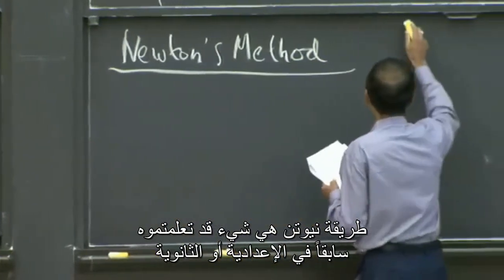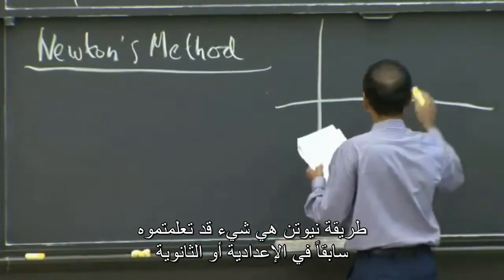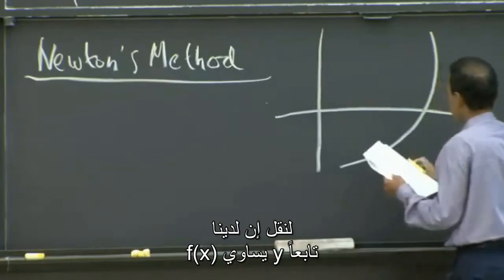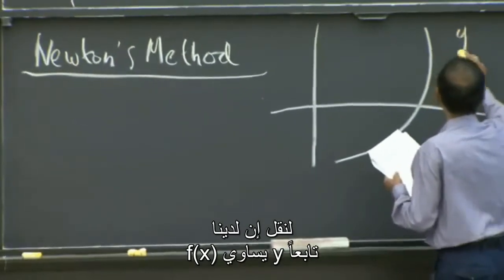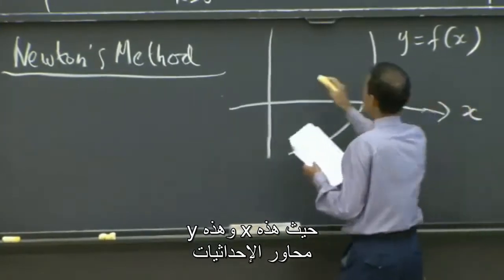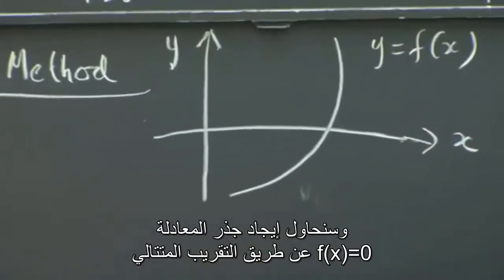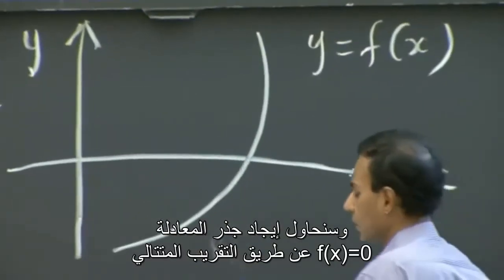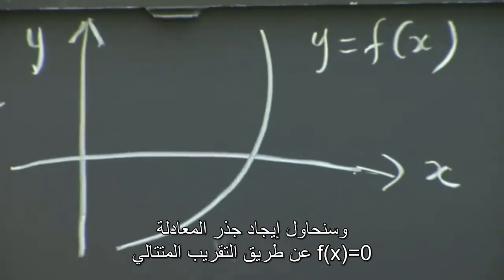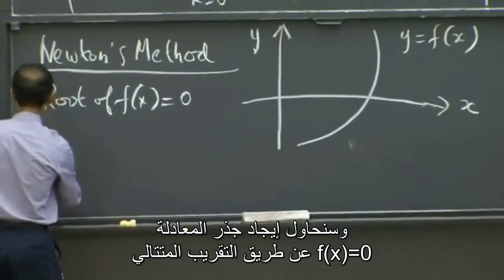And Newton's method is something you probably learned about in middle school, high school. And let's say you have a function y equals f of x, where this is x and that's y, the coordinate axes. And we're going to try and find the root of f of x equals 0 through successive approximation.